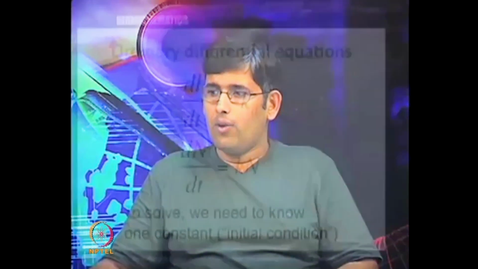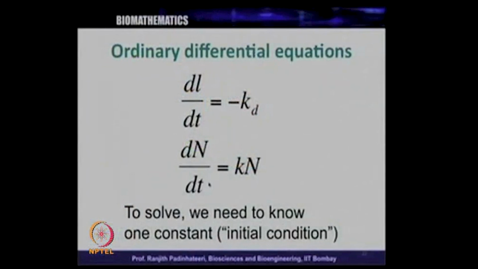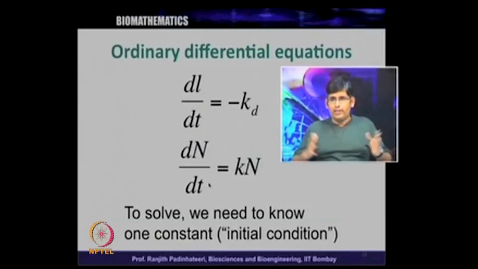So, let us see what we have. What we studied is two kinds of equations, and such equations are called ordinary differential equations. Why ordinary? We will discuss this when we discuss some other type of differential equation, and we will understand the difference.